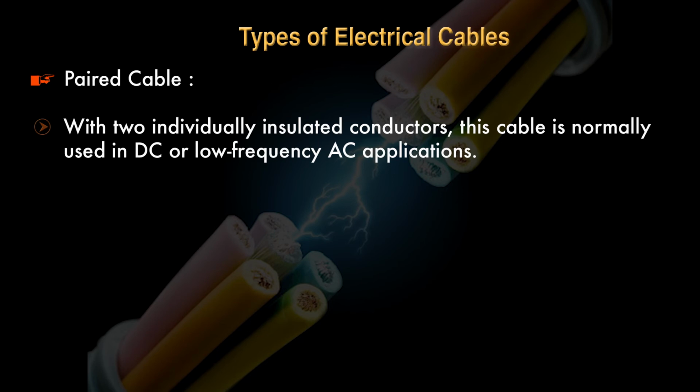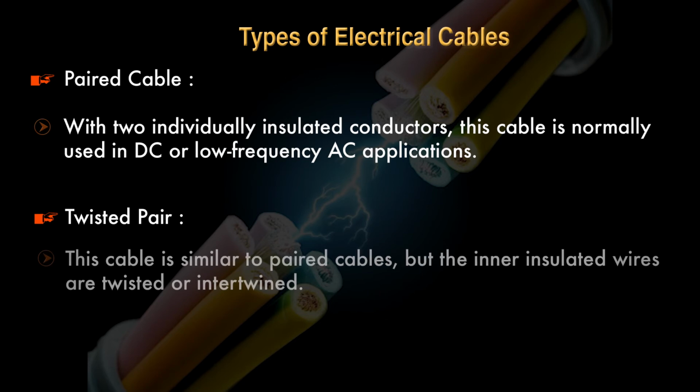With two individually insulated conductors, this cable is normally used in DC or low frequency applications. The next cable is twisted pair. Twisted pair cable is similar to the paired cable, but the inner insulated wires are twisted or intertwined.